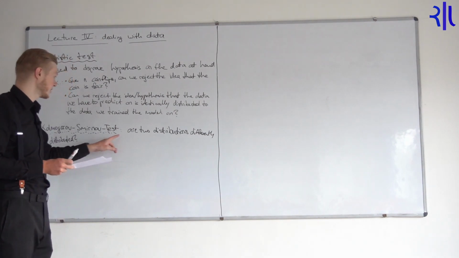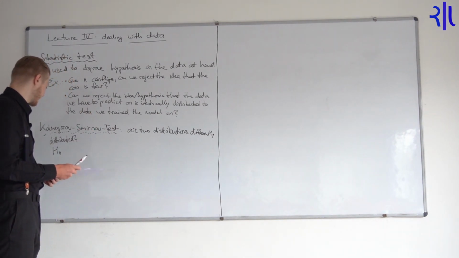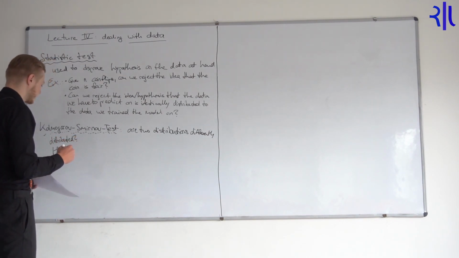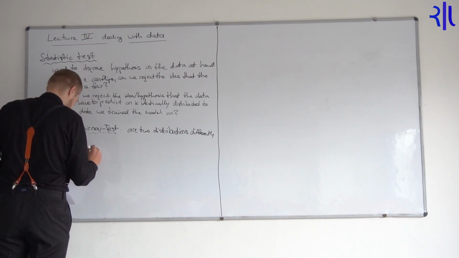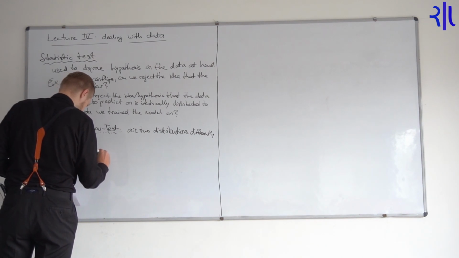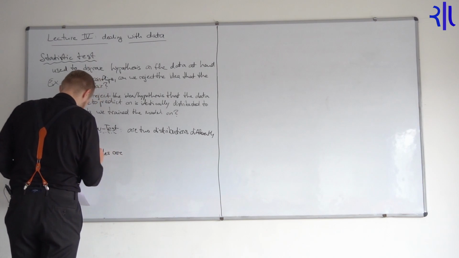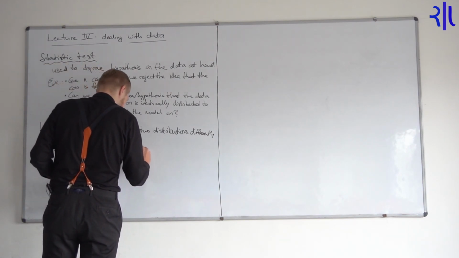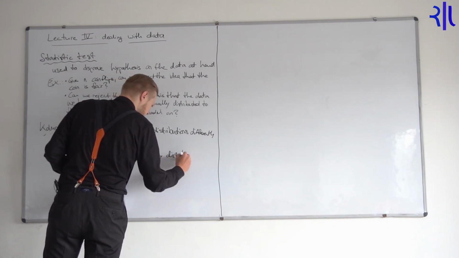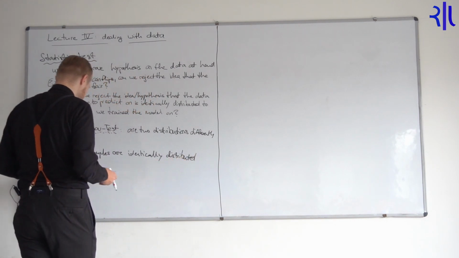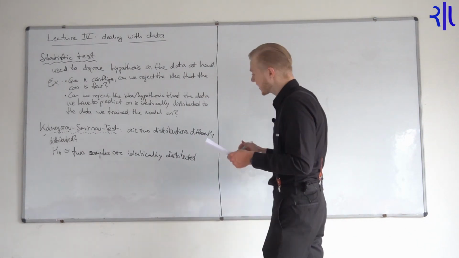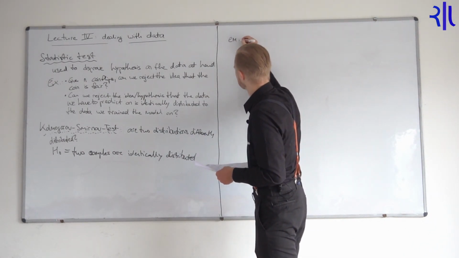So for the Kolmogorov-Smirnov test, we say our null hypothesis is that the two distributions are actually identically distributed. And the way we do it is we again take the empirical cumulative distribution function.